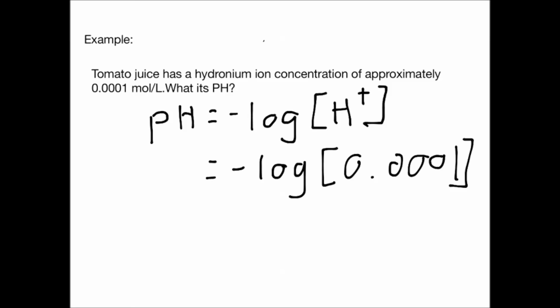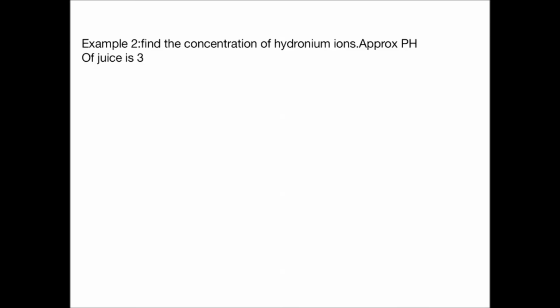After that, we take the log and solve it, and we will get negative (negative 4), which is 4. As you can see, the pH of tomato juice is 4.